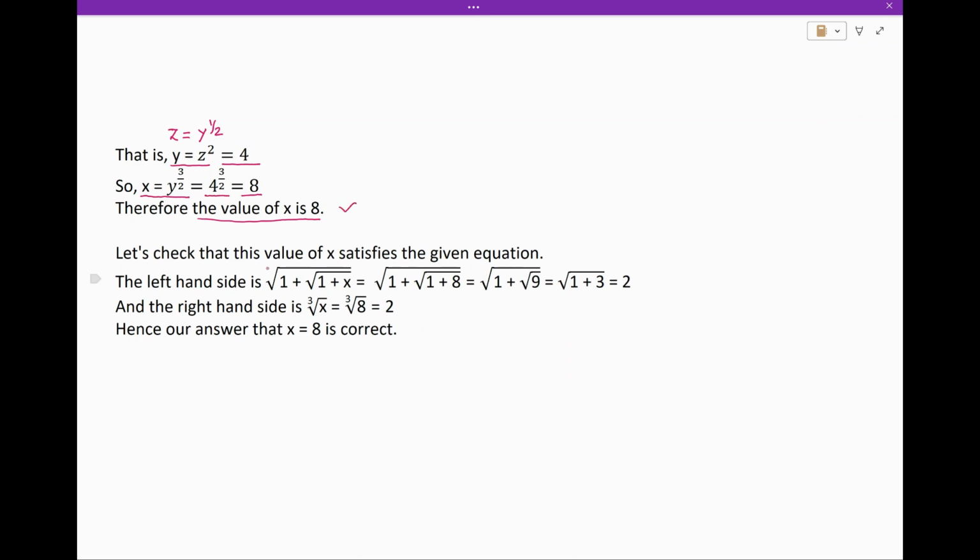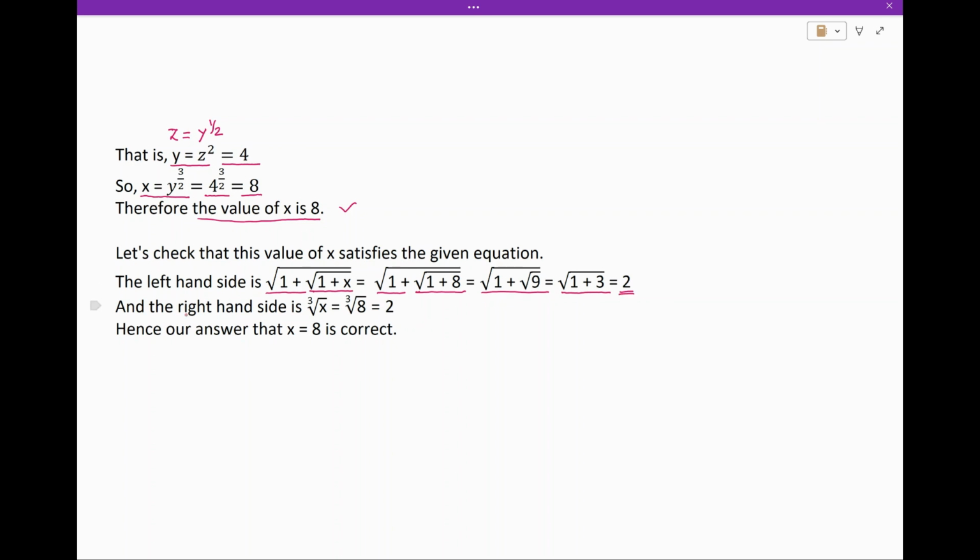Let us check that this value of x satisfies the given equation. The left-hand side of the equation given in the question is square root of 1 plus square root of 1 plus x. And since x is 8 in this case, we get the left-hand side equal to square root of 1 plus square root of 1 plus 8, and that is equal to square root of 1 plus square root of 9, that is equal to square root of 1 plus 3, and that is 2.